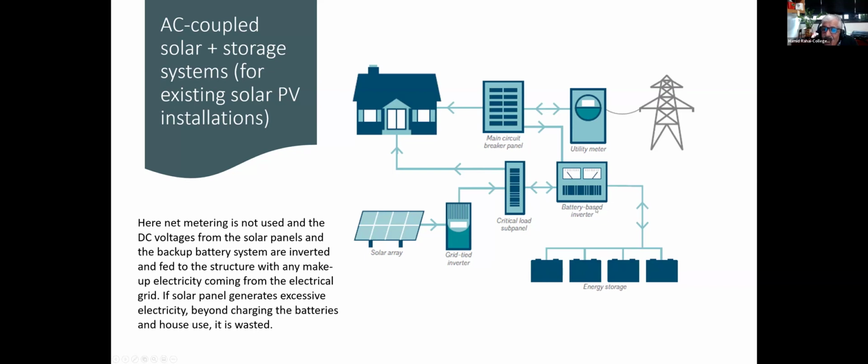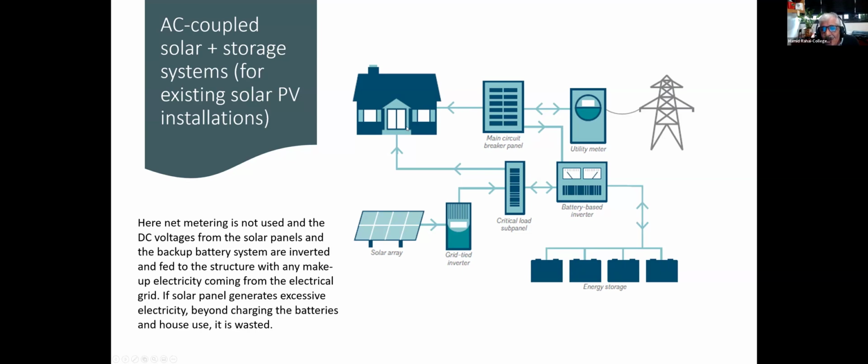But here also, if it's a cloudy day and we didn't have enough sun, and then the energy storage goes down, then the grid electricity is used to charge this battery, as well as supplying the house with electricity.